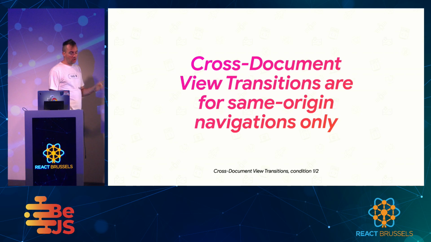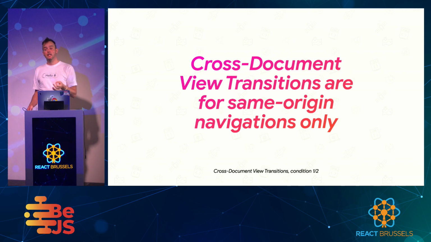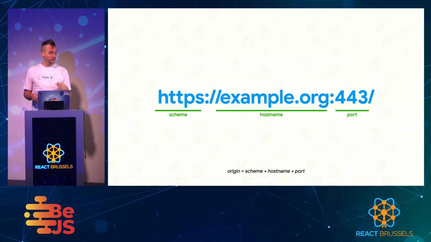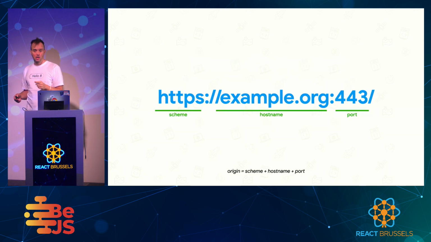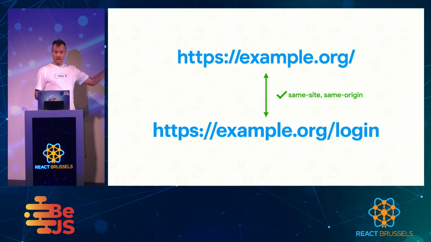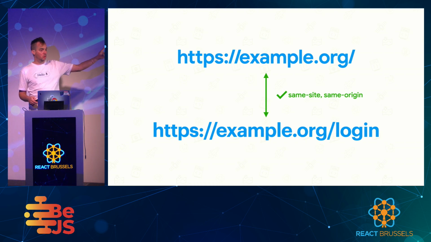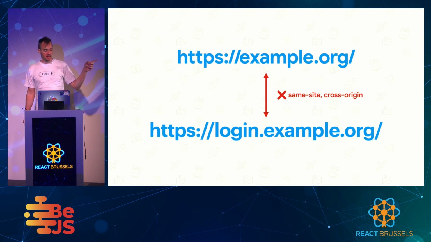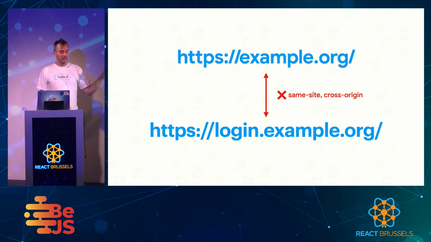And the first one is cross-document view transitions are for same origin navigations only. So the origin is a combination of the scheme, the hostname, and the port, which means that you can have a view transition from example.org to example.org/login, because that is same site and same origin, but you can't in this case, because login.example.org is a different origin.